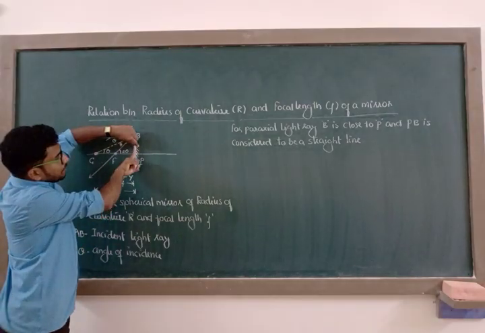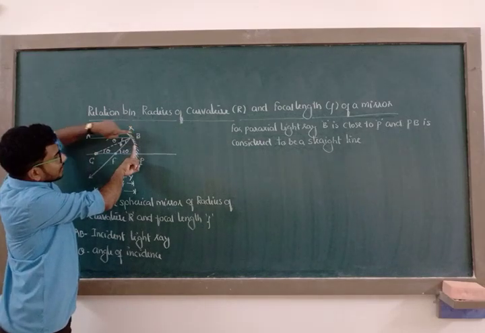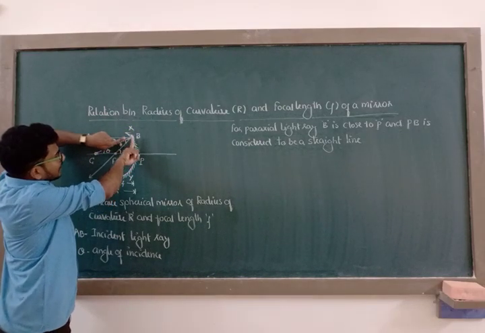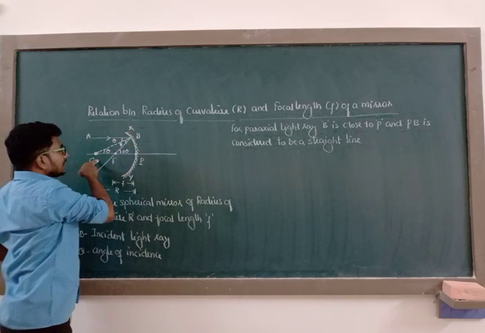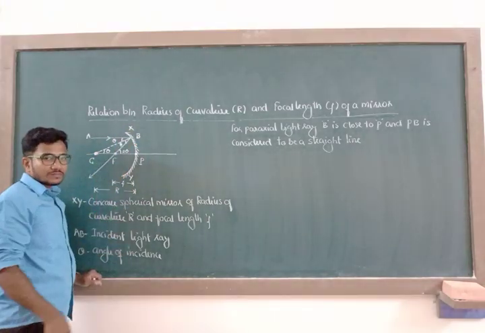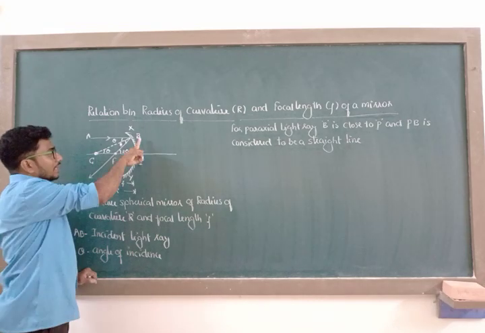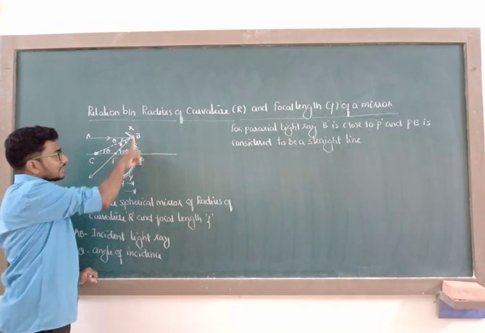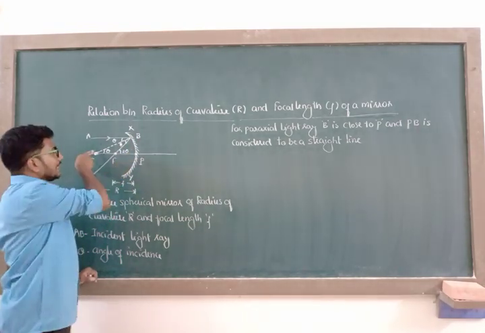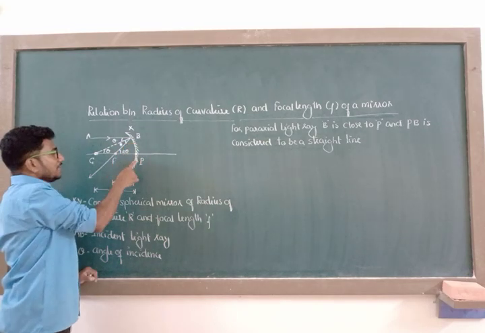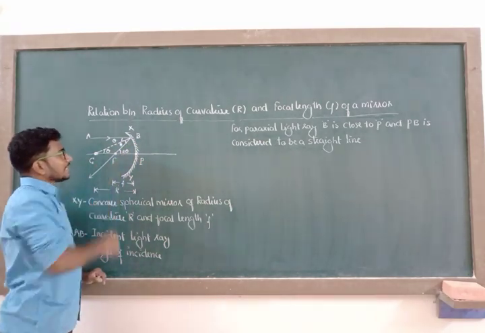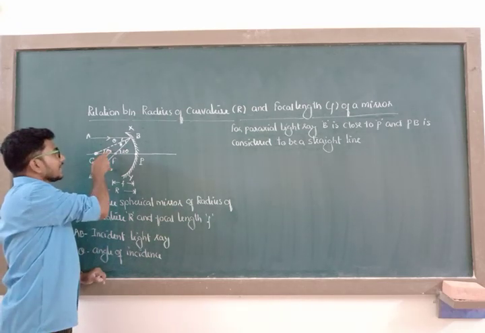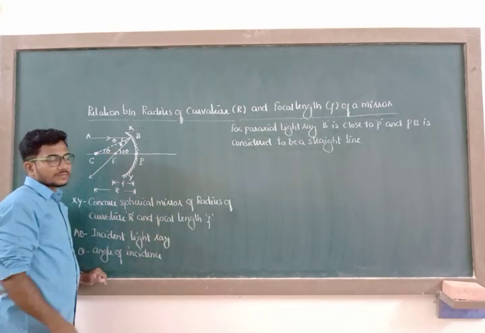If PB is a straight line, then from the right angled triangle BCP, when BP is a straight line, then we will get a right angled triangle BPC. From this right angled triangle, let us define this angle theta.